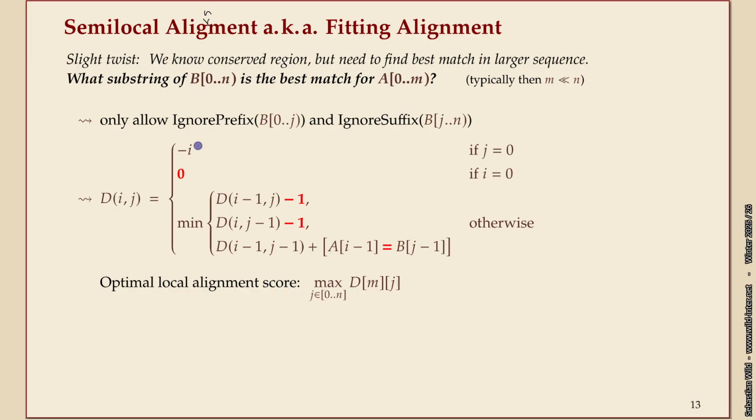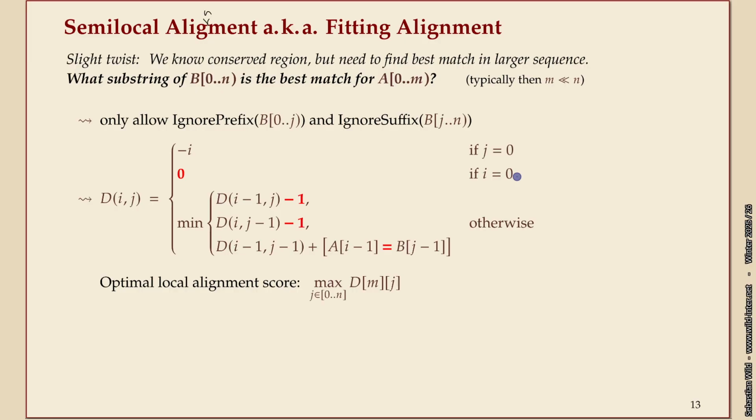So what changes is that only some of the zeros are allowed. I'm no longer allowed in the middle of the matrix to just restart from 0. I can only do this when I'm at the beginning, when I've not used characters from A, then I can kind of insert the characters in B for free.